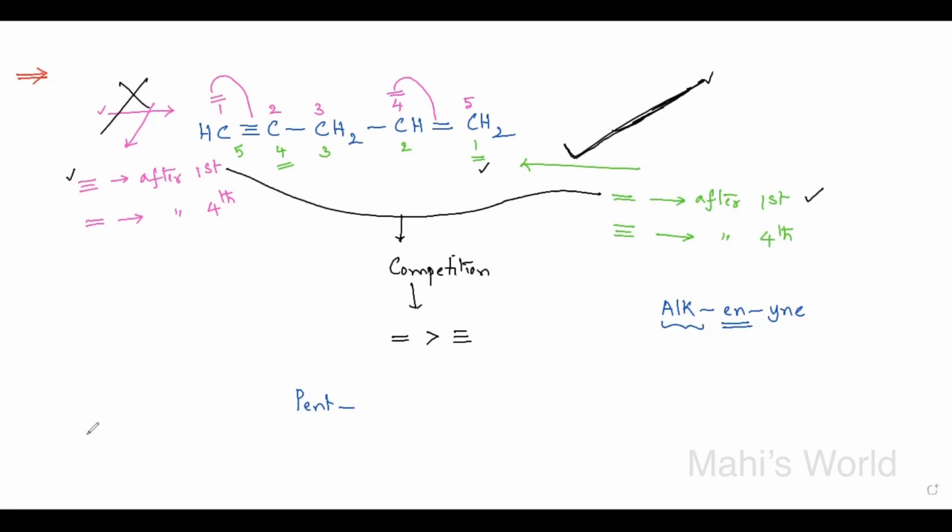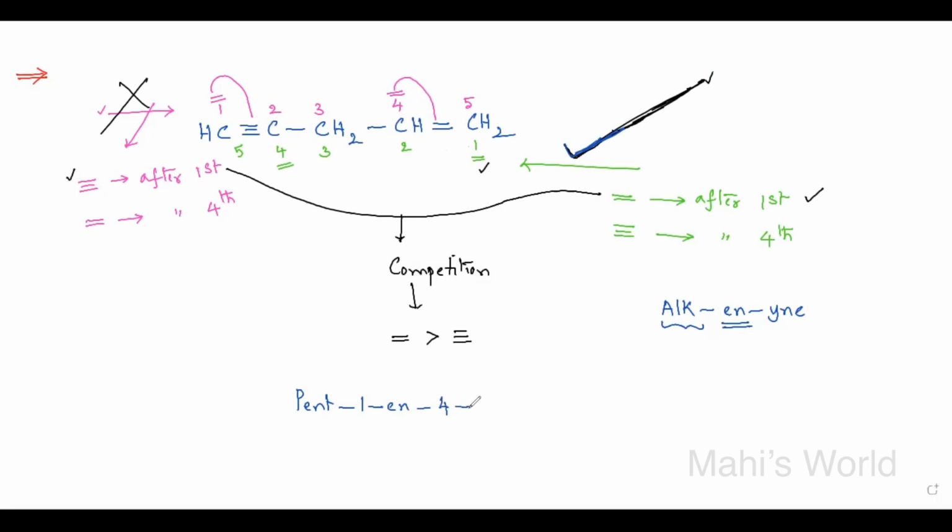Where is that double bond located? Consider this. Forget about the pink one. The double bond is after the first carbon, so let me write 1-en. Pent-1-en.